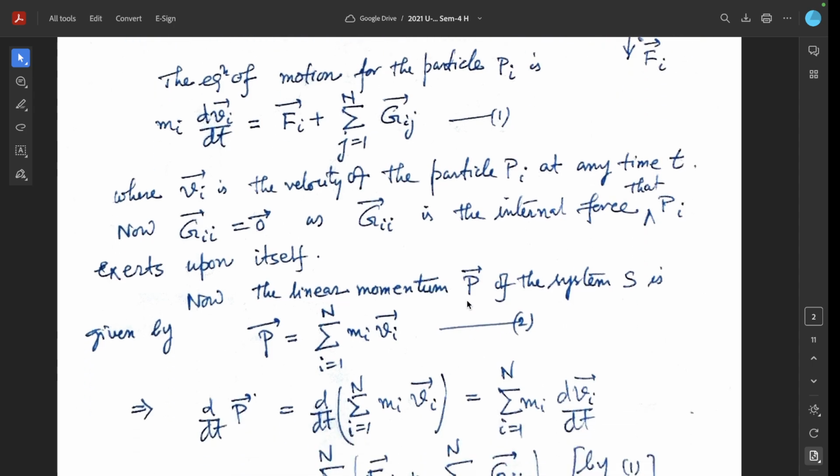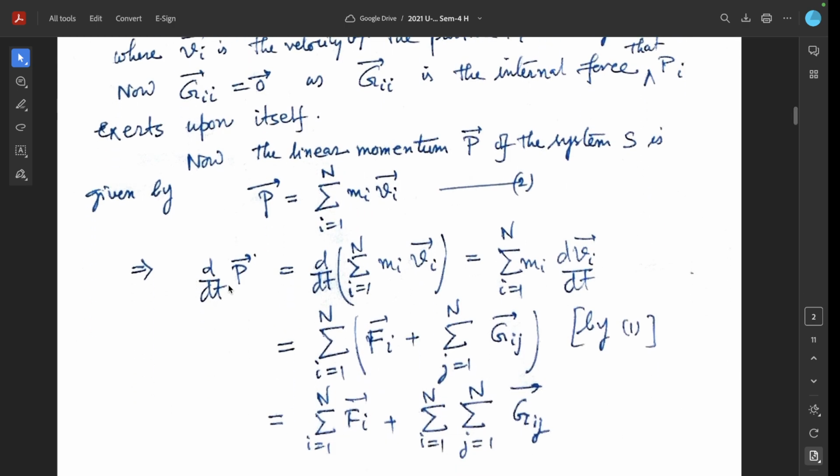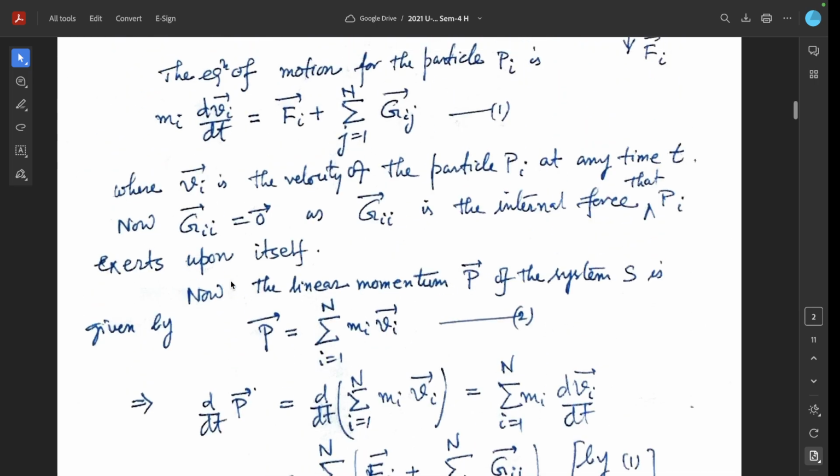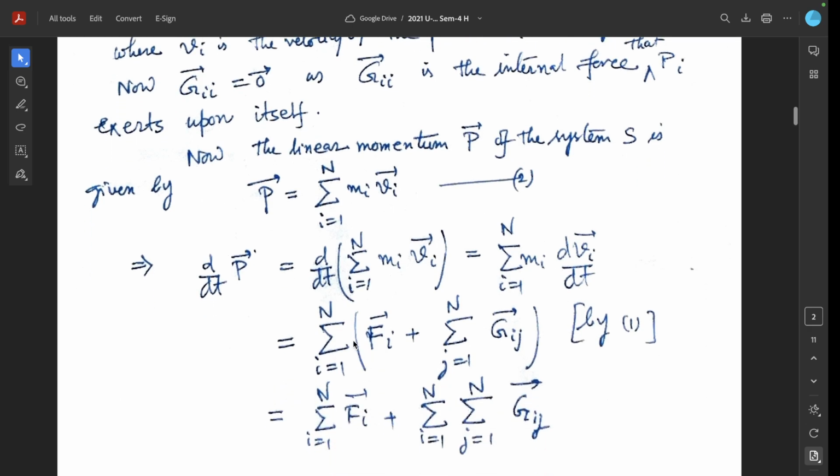Now the linear momentum P vector of the system S is given by the definition P vector equal to summation i equal to 1 to n of mi vi vector. So d/dt of P vector is equal to d/dt of summation mi vi vector, equal to summation mi d/dt of vi vector, equal to summation of Fi vector plus summation j equal to 1 to n of Gij vector.